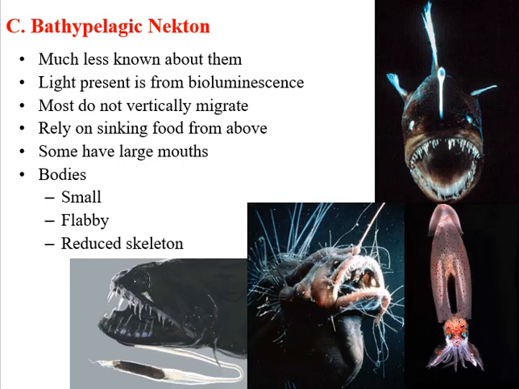And so if you have to maximize what you get out of the little energy that you have, and it's advantageous to be big so you don't get eaten, but you can't have a very energy dense body, then you're small. You tend to be small, dark, flabby, skeleton reduced, flabby muscles that are filled with water. All of those things help you. We'll look at some more of this when we look at deep sea organisms.